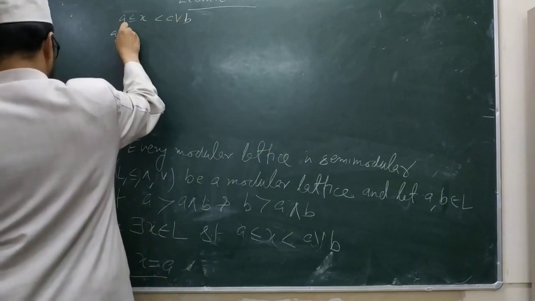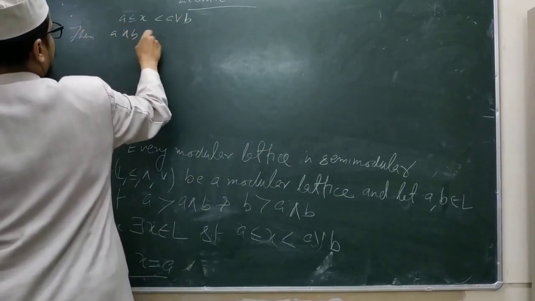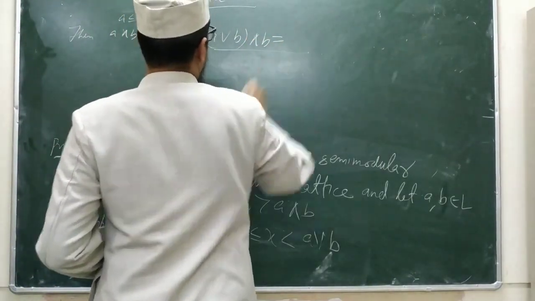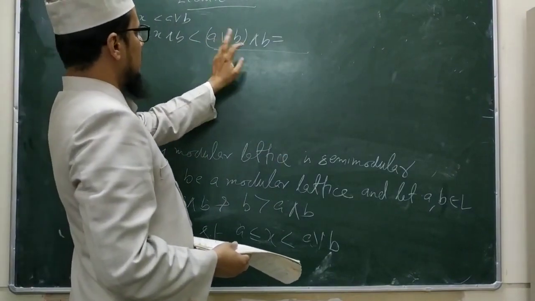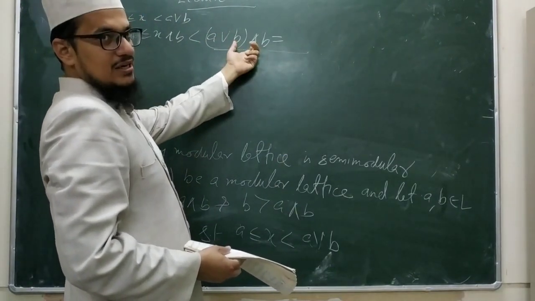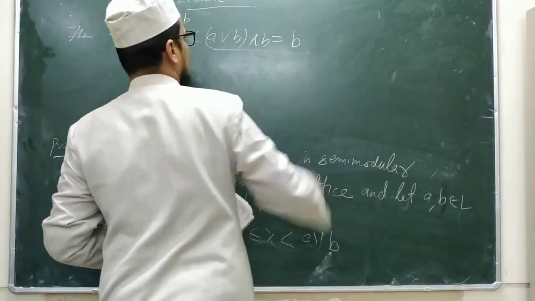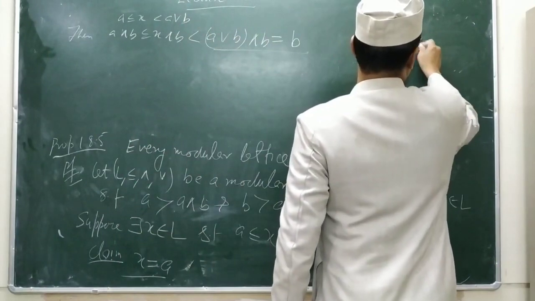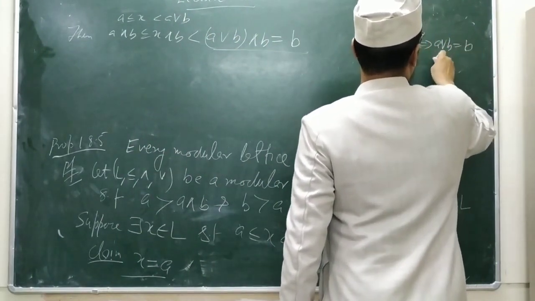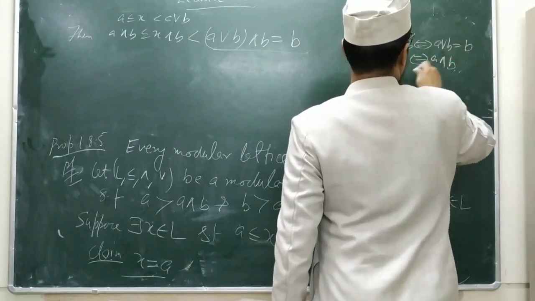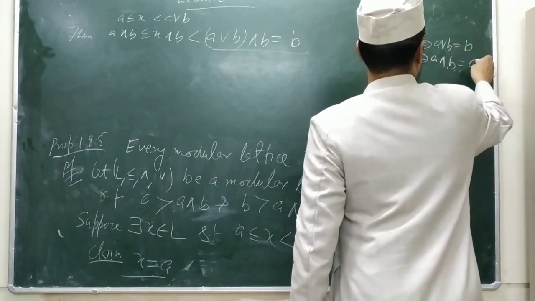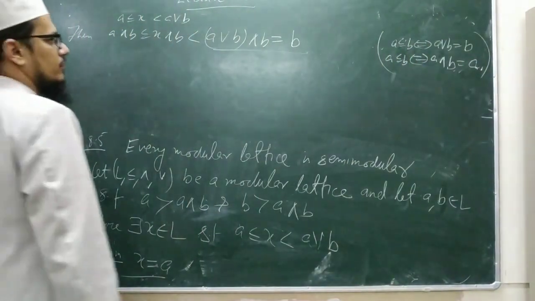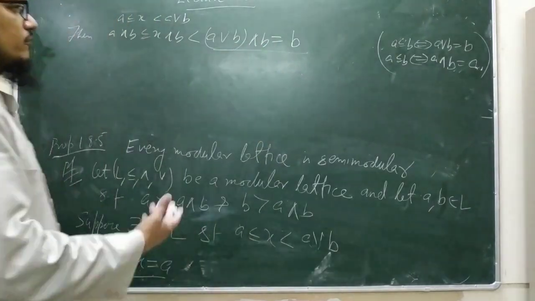Now if we take meet with B, then A meet B is less than or equal to X meet B, which is less than or equal to A join B meet B. See what that will be. Of course, A join B is greater than or equal to B, and we are taking meet here, so obviously B will come here, isn't it?